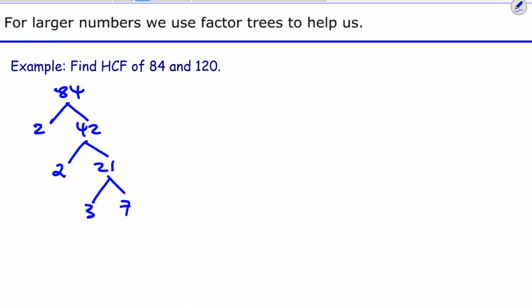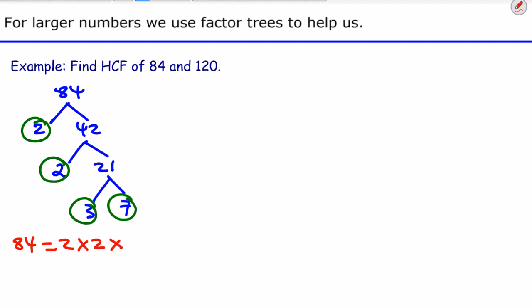And all these numbers here are prime numbers, so they are prime factors of 84. So right below here, 84 is equal to 2 multiplied by 2 multiplied by 3 multiplied by 7.